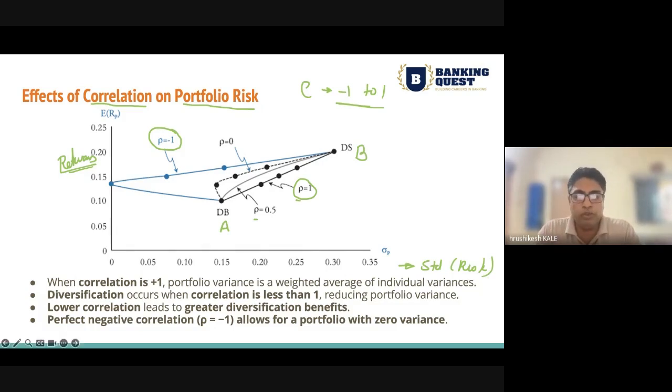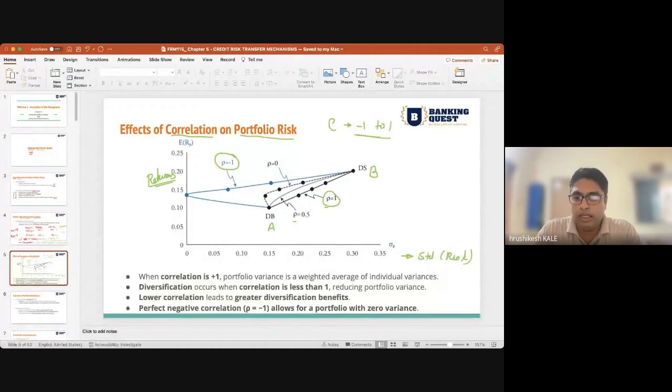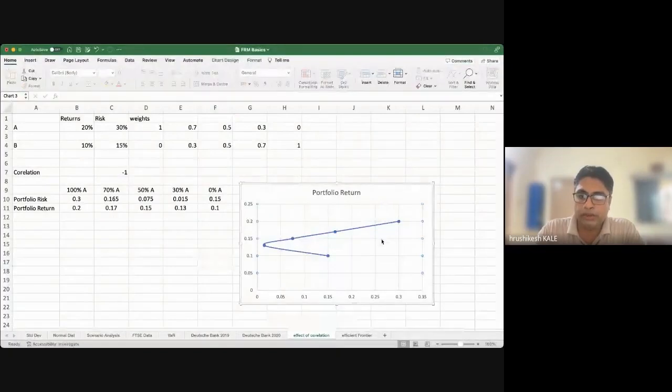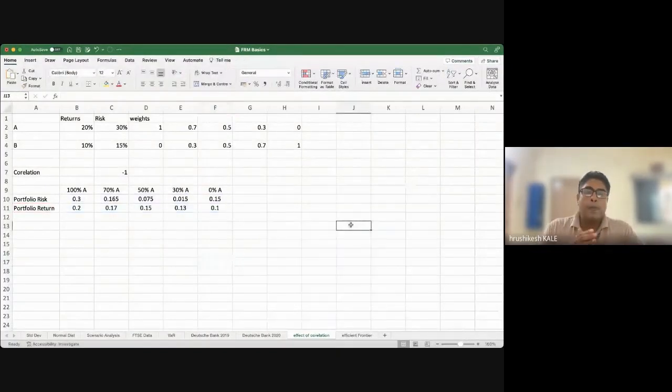So what we will do, we will go to our Excel sheet. Let me see if I have it. Yes. So let me share my Excel sheet. Okay, perfect. I hope you can see my Excel sheet. Yes.